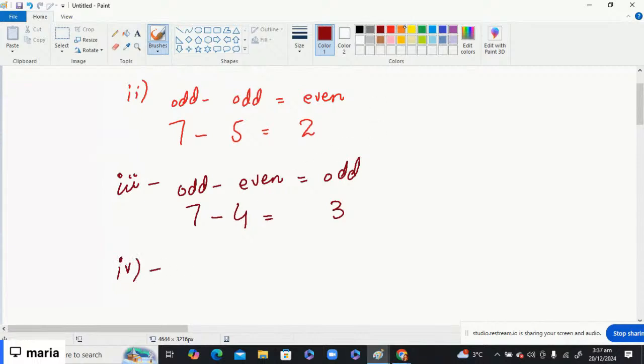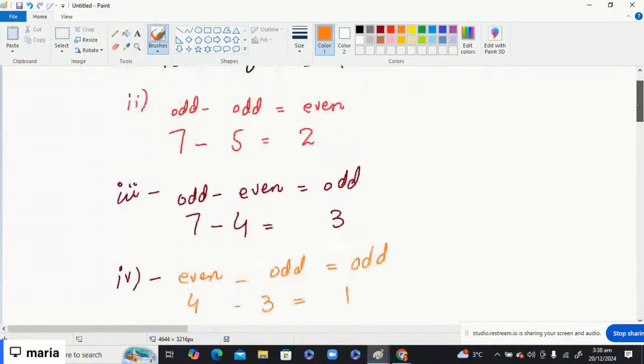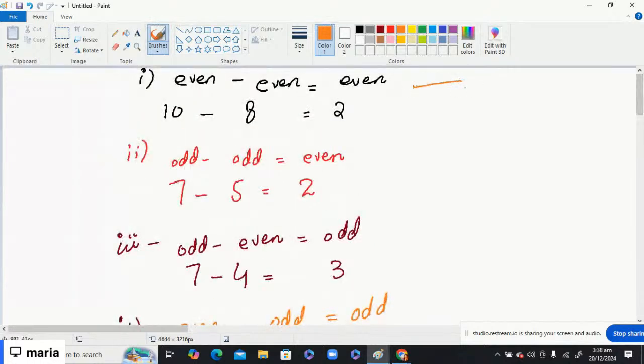If you subtract even, that is 4, from the odd, that is 3, you get the answer odd. These are the four rules here. Rule number 1, 2, 3, and 4. Okay?